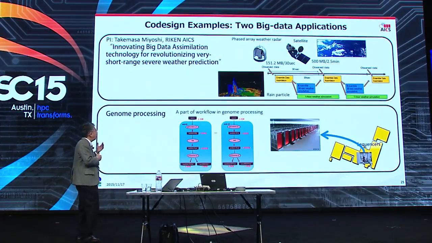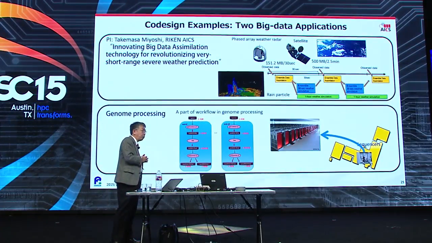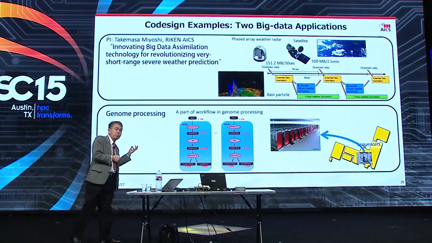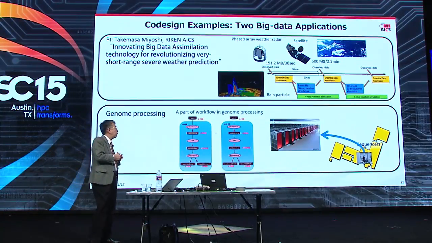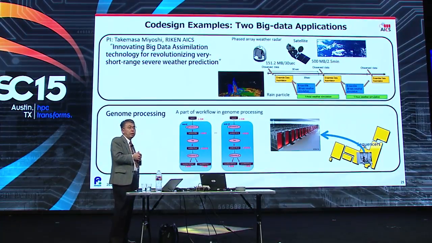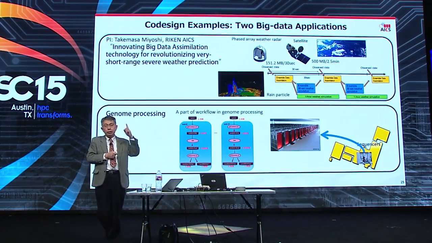Getting those data, the results of the simulation are assimilated with the observed data. Every 30 seconds, the data assimilation must be performed, and after that, another 30-second weather prediction simulation must be performed. It's also an ensemble simulation.